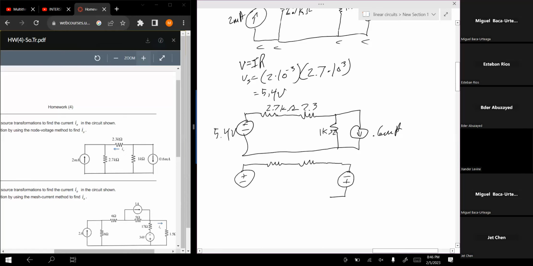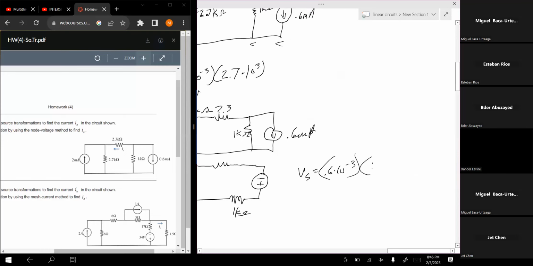Whereas this, I guess it actually wouldn't change all that much. Negative, plus, because then I would put the resistor here. This would be 1 kilo ohm, and this is equal to 0.6 times 10 to the negative 3 multiplied by 1,000 ohms.